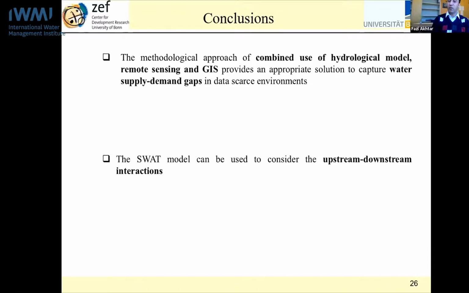One of the reasons we used this approach was that the data was simply not available. What helped was that we supplemented the existing data with global data sets. That's one of the tools which can be used in data scarce environments in order to minimize the supply and demand gaps.